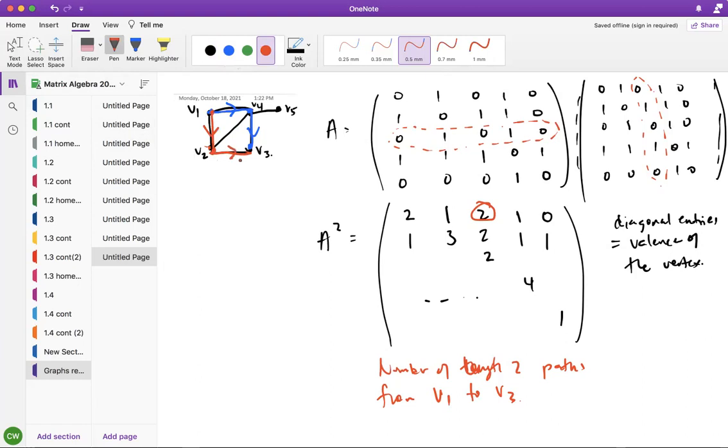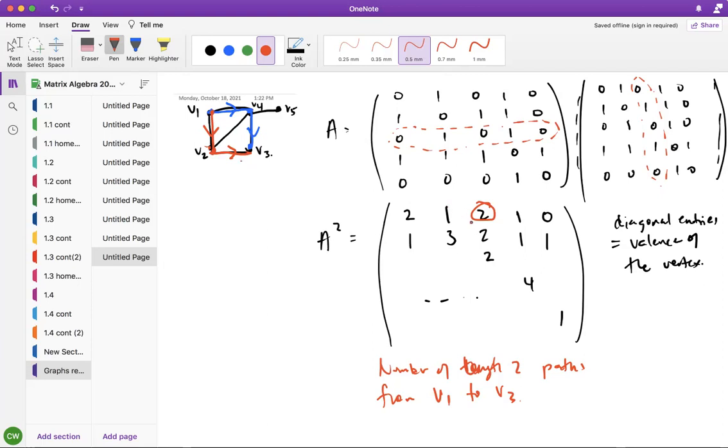So yeah, that's it. The powers of the adjacency matrix can tell you a lot of information about a graph. And if you think about it, if you have 2 different graphs and calculate the powers, all the numbers should be the same. The matrix may not be the same because of the choice of vertices, but the powers would need to have the same numbers at least.